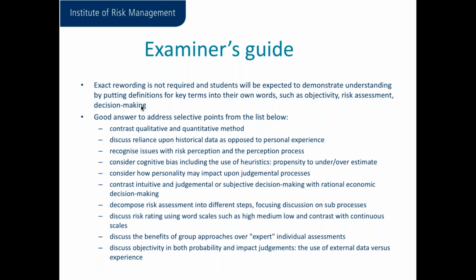Discussing the benefits of a group approach over expert individual assessments. And we mentioned that if we leave it to the individual, even if they're an expert, we don't know what perceptions they have, which may skew some of their answers. And then discuss objectivity in both probability and impact judgments. Again, this just picks up earlier, having tangible information.